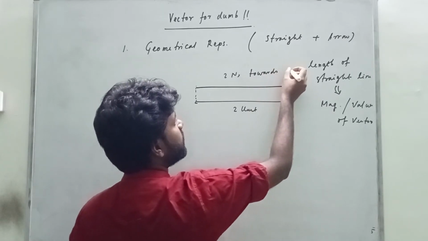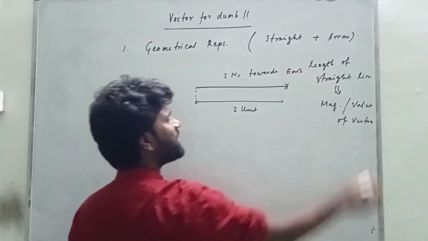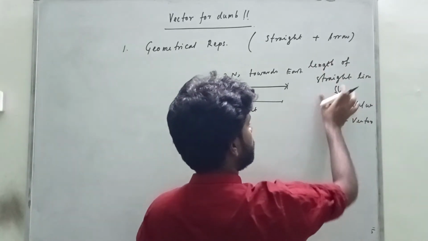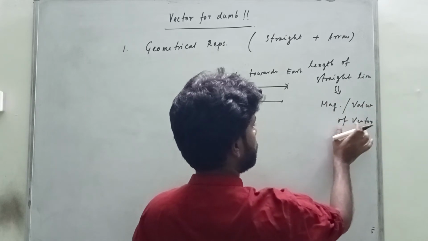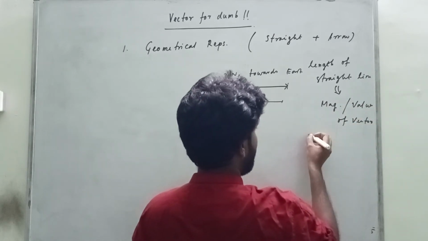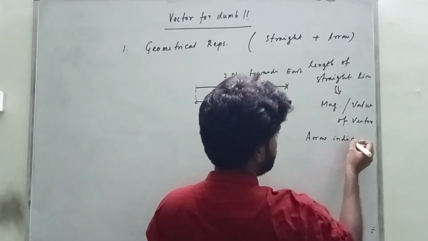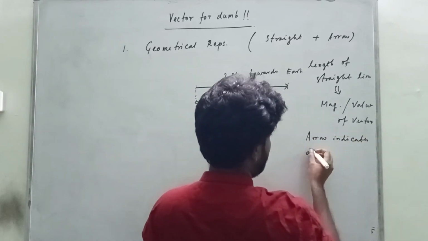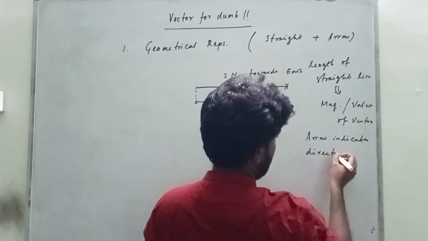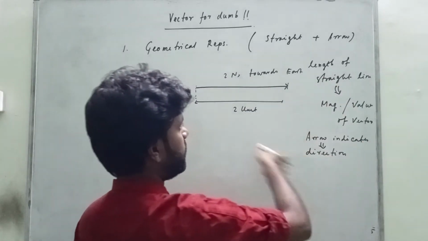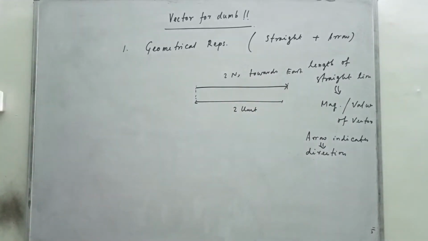This is very simple. The length of the straight line signifies the magnitude of the vector, and the arrow indicates the direction of the vector. So these are the complete significance of the figure.